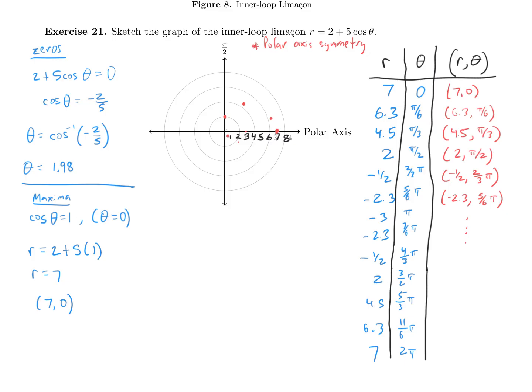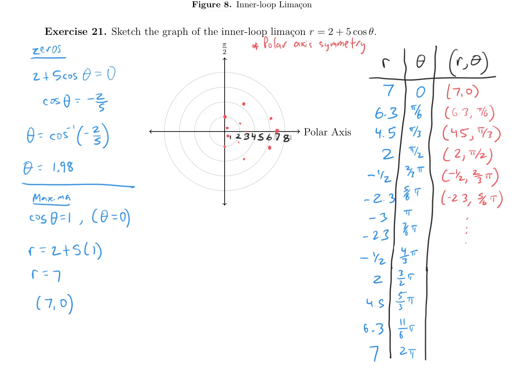So now I'm going to start reflecting points, because we already know there's polar axis reflection. You can also use Desmos to help you out, just to make your lives a little easier. I do recommend, especially when you're doing homework, to use Desmos to verify that these are the points that we're graphing.